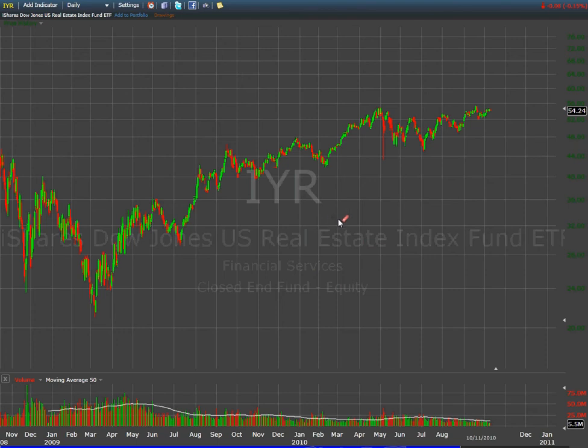When we look at the broad indexes, the S&P, Dow, and NASDAQ, everything looks like they've broken out of this pattern right here, but the real estate and banks have been lagging. So let's zoom in just a little bit.